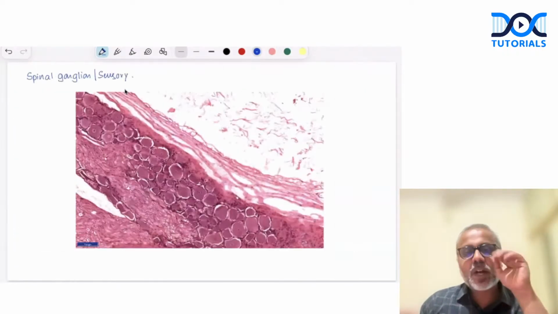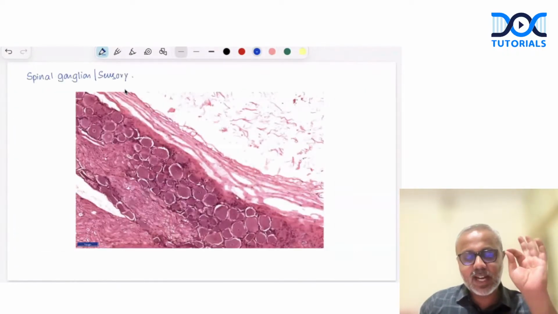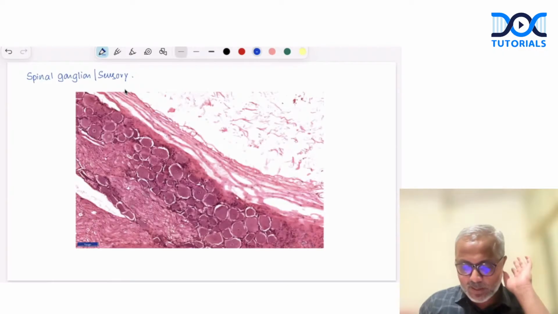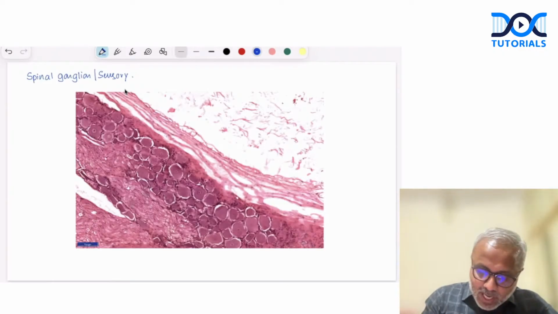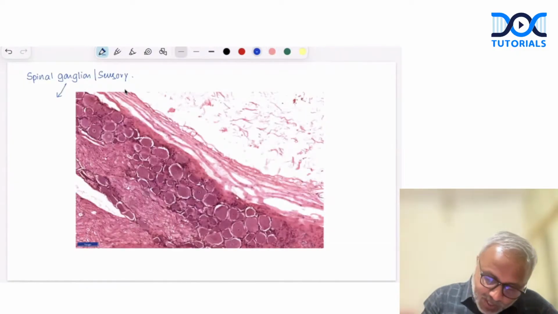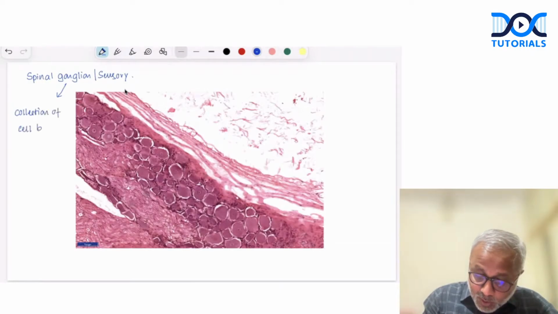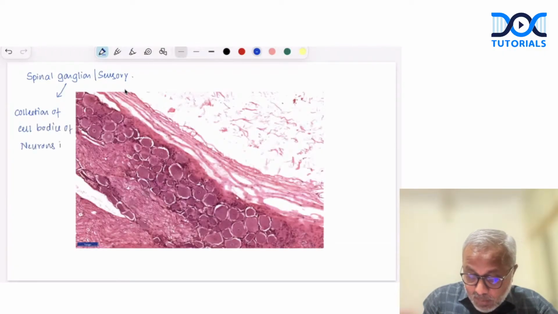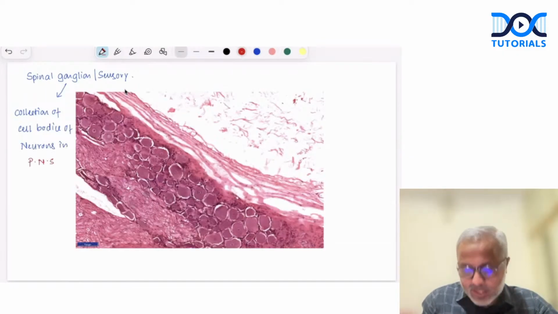So the first thing, how do I say that this is the slide of the spinal ganglion? The first thing I want you to understand here is what do we mean by ganglion? Remember, ganglion refers to a collection of what structures? Collection of the cell bodies of neurons in the peripheral nervous system.